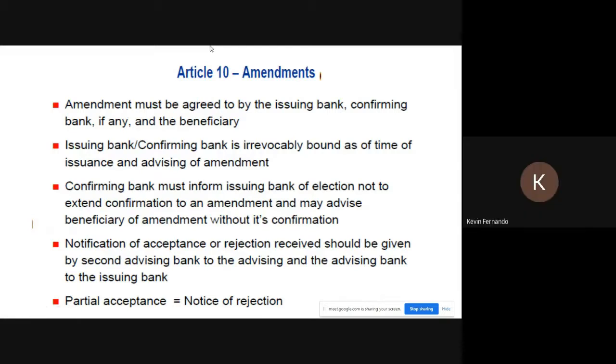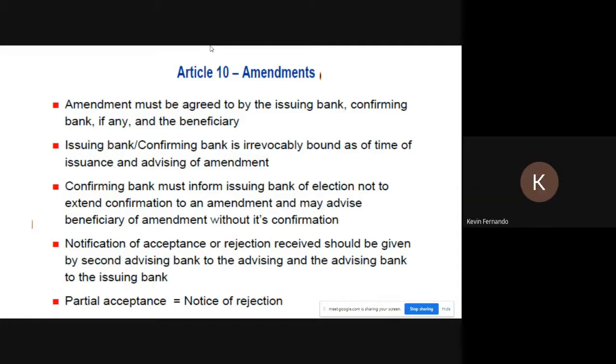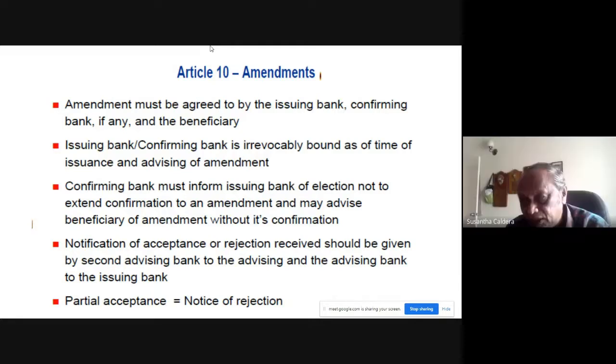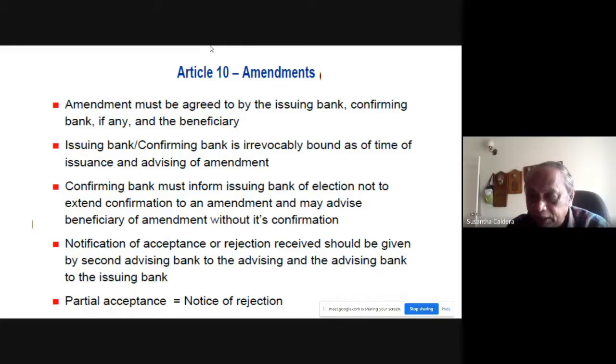No, we cannot. Why? What happens if you add? You have to inform the issuing bank. Why do we have to inform the issuing bank? Because of the limit, because you are exceeding your limit for that issuing bank.